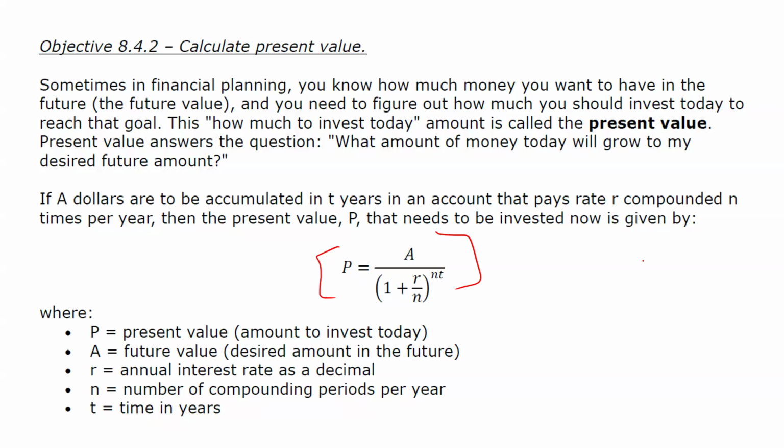When we had our equation, A equals P times 1 plus R over N to the NT, all we did was take this part on the right-hand side and divide it on both sides to get P. Okay, so it's originating from the same problem that we worked with previously in the past objective. Nothing has changed. Okay.